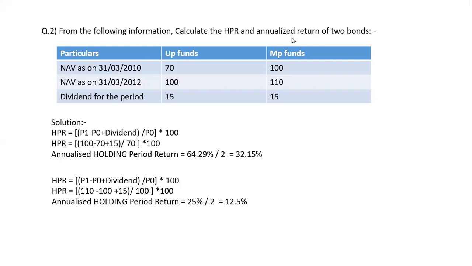Okay. Is it clear to all of you? 25% came, divide that by 2, for one year, 12.5. Any doubts?